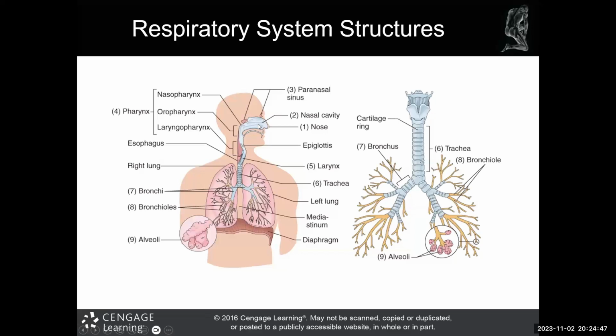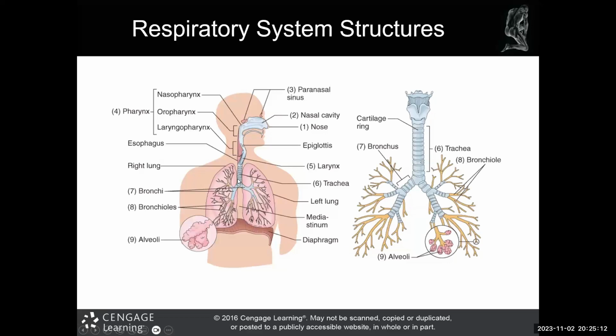The nasal cavity has different septum, little folds that kind of break it into different little chambers for the air to go through, all covered in mucus. The epiglottis is the flap that covers the trachea when we swallow.